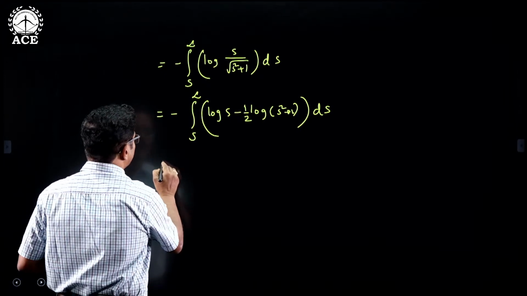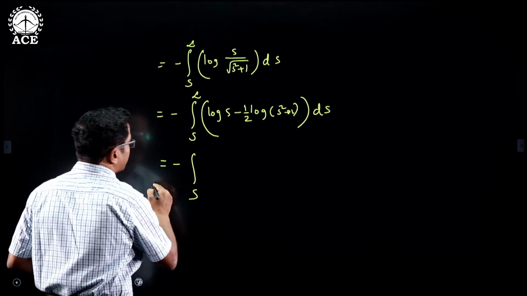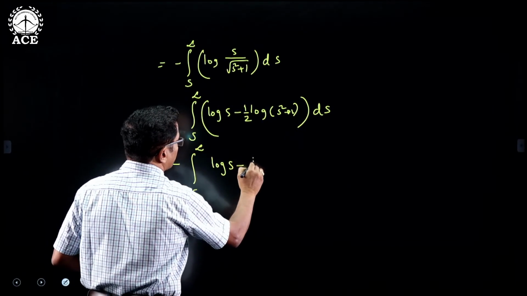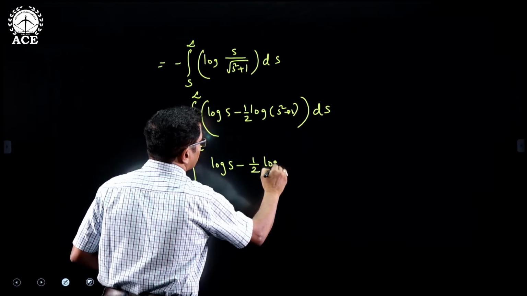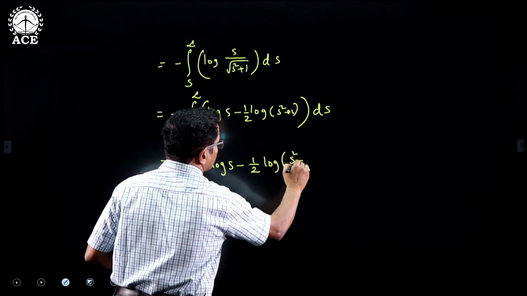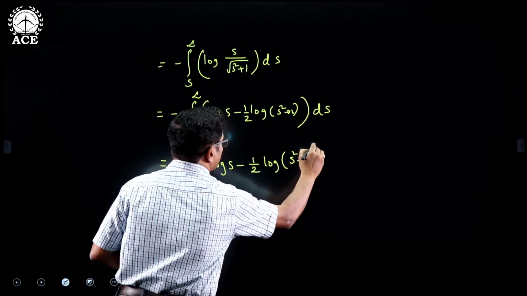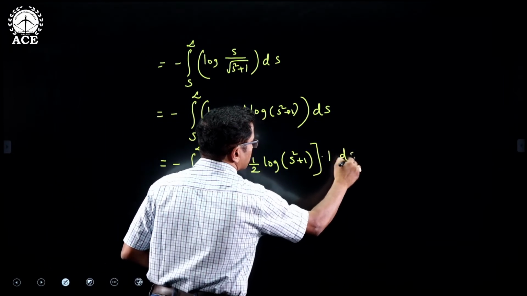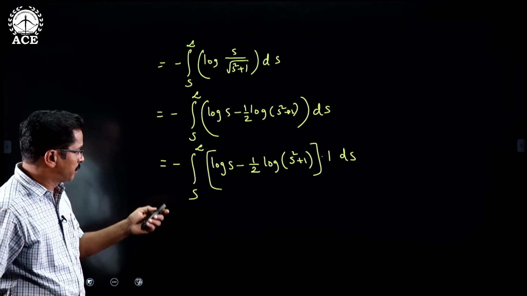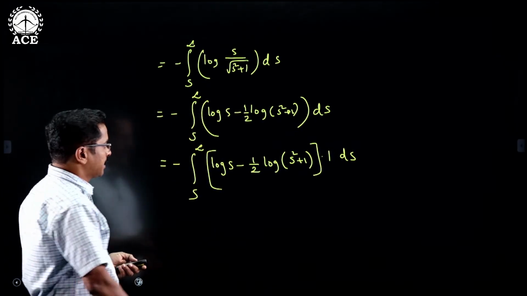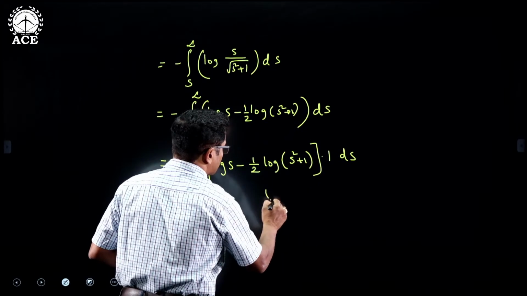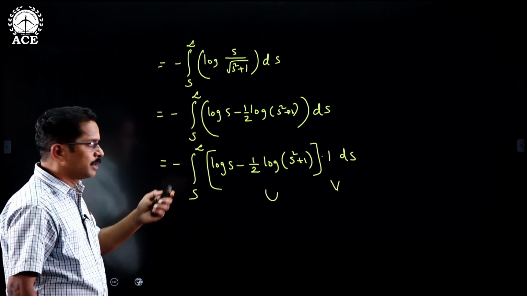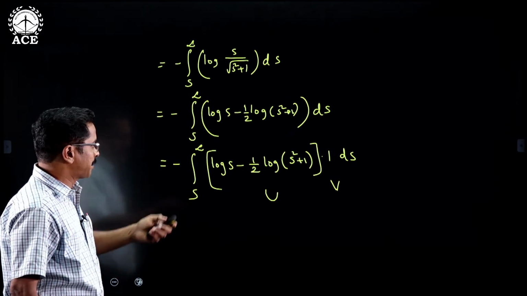So now you evaluate by using integration by parts, that is log s minus 1 by 2 log of s square plus 1 into, I am taking 1 into ds. For applying the integration by parts formula, I am taking this as u and 1 as v, to make the uv rule under integration by parts.